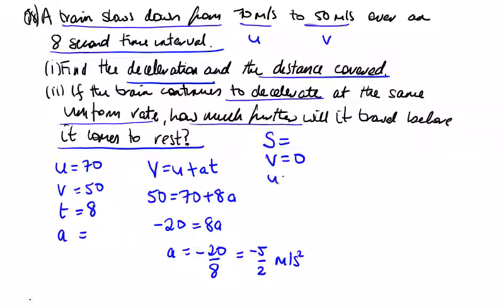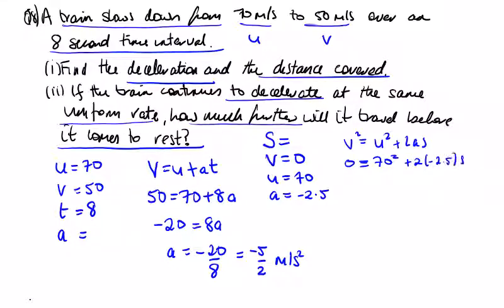The initial velocity hasn't changed, u is equal to 70, and we also have the same deceleration, minus 2.5. v squared is equal to u squared plus 2as. 0 is equal to 70 squared plus 2 by minus 2.5 by s. So we're going to get 5s is equal to 4900. s is equal to 4900 divided by 5.